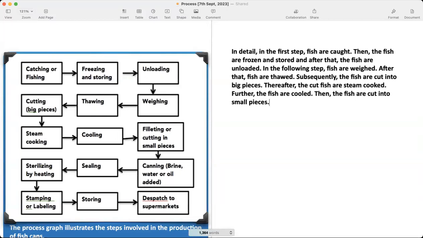Can someone tell me why I am writing "the" before the fish? Anyone? Why do you think? The fish. The fish significance.